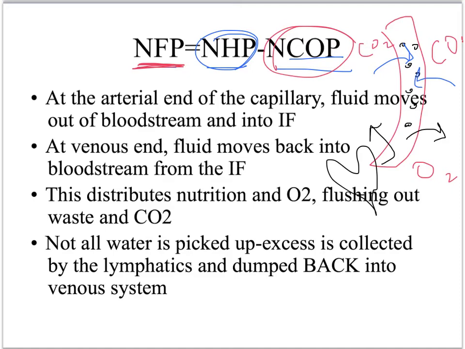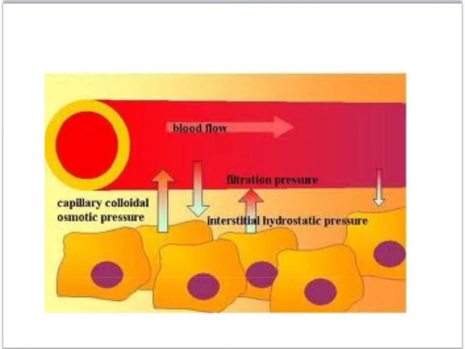Now, this is not a perfect system, so not every amount of fluid is going to be picked up, and the remainder is going to be picked up by the lymphatic vessels, and we'll talk about that later. That extra fluid is going to be dumped back into the venous system, but it's going to be scavenged out by the lymphatic vessels.